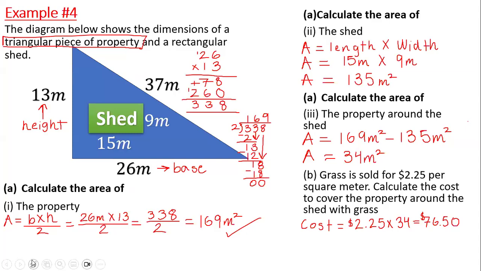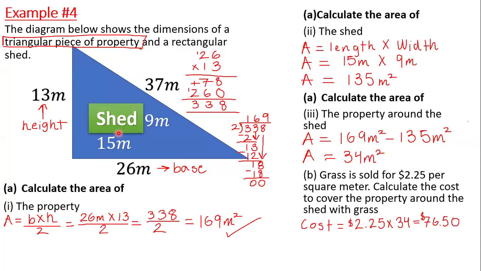I understand the property part, the triangular piece of the property, but I got somewhat lost. Which question, A I, A II? Yes, the shed part.